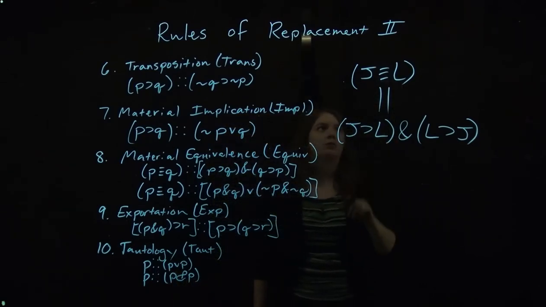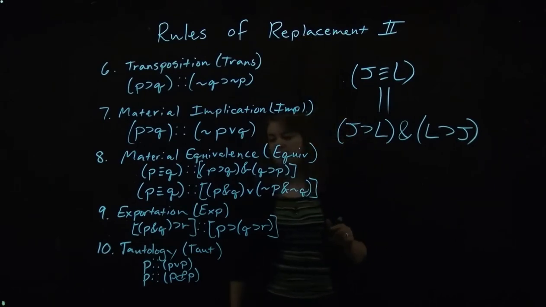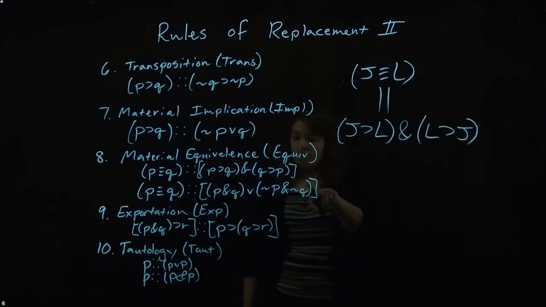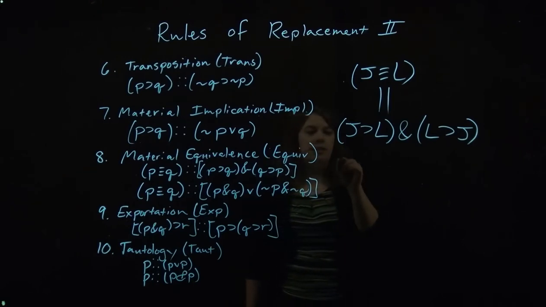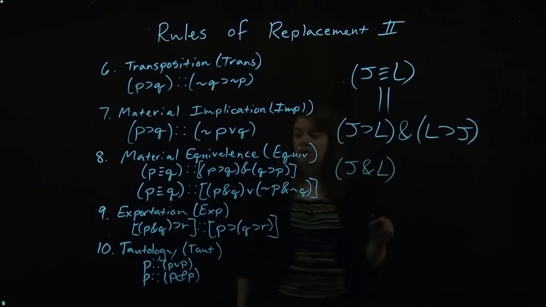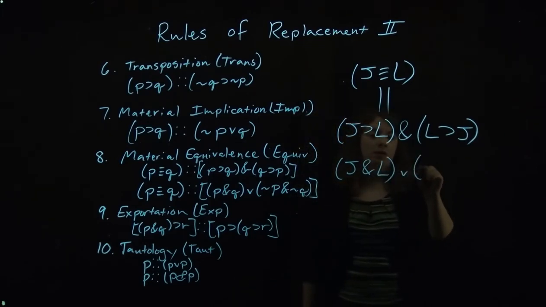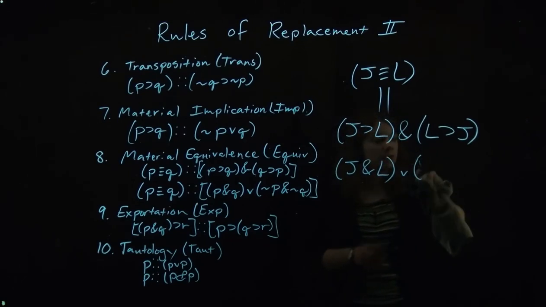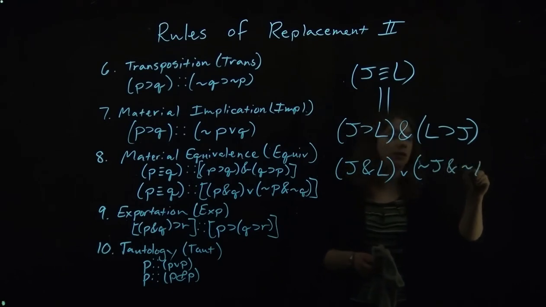So again, using our JFK and LaGuardia example, doing this interpretation of the rule, we can say then that this statement up here is equivalent to JFK will increase its security and LaGuardia will increase its security, or JFK will not increase its security and LaGuardia will not increase its security.